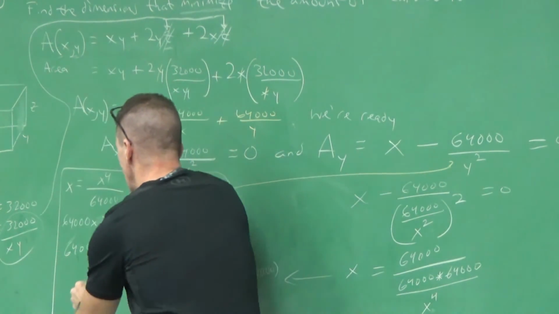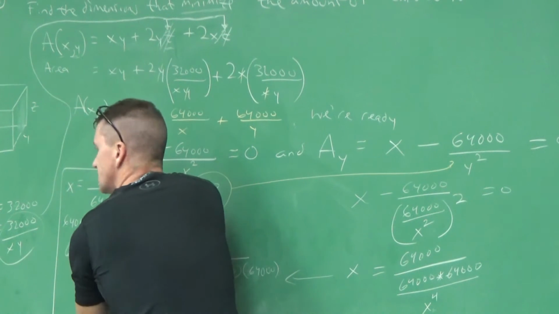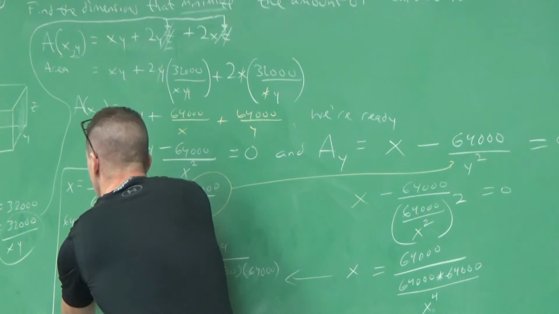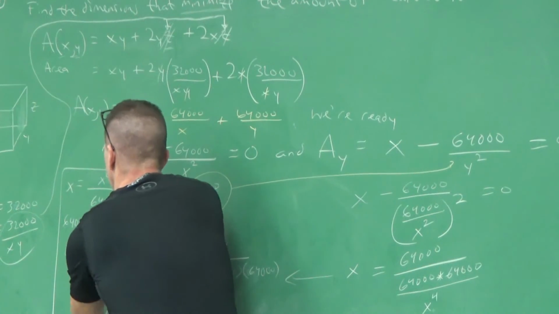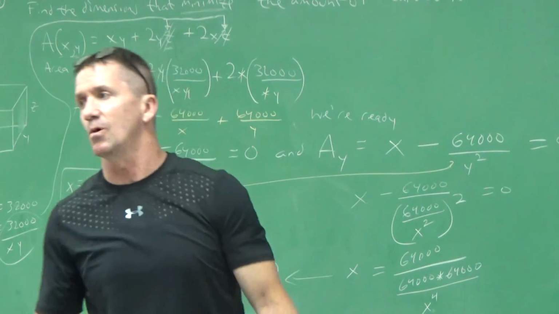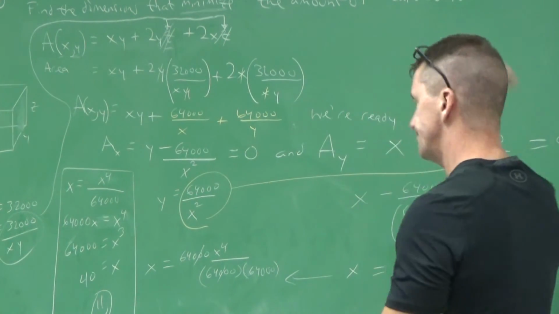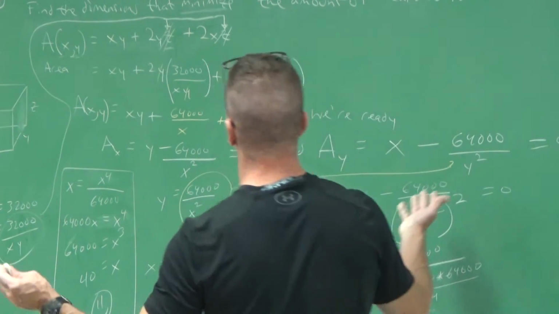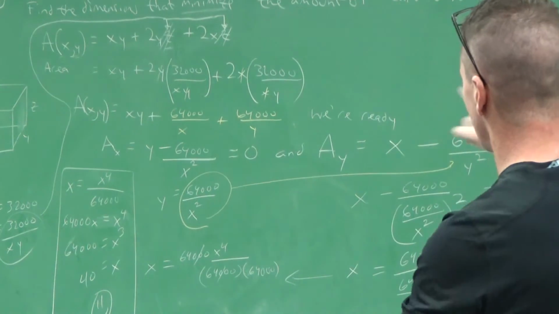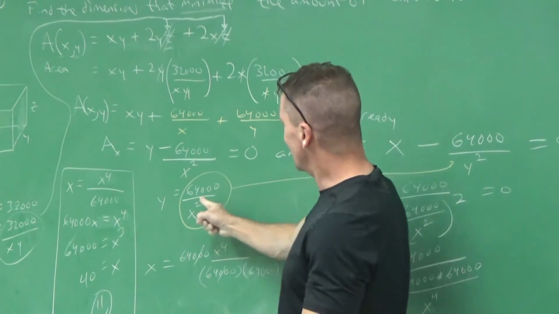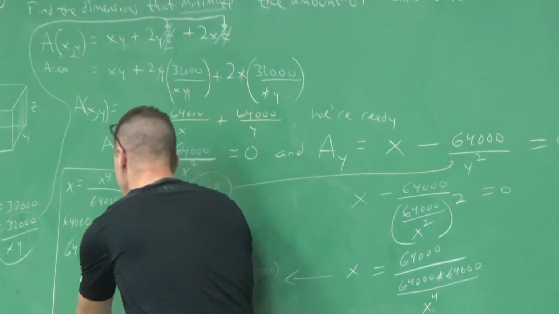Yeah, cube root. What's the cube root of 64,000? 40. Problem solved. So now to get y and z, just do what? Put them in? Where do we put them though? It's a mess on the board. All right, there's y. x is 40.